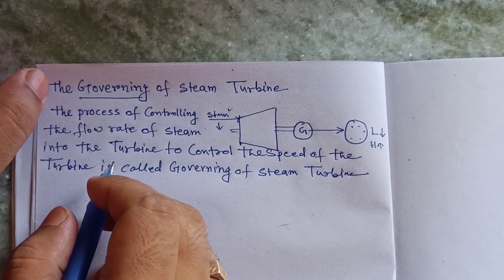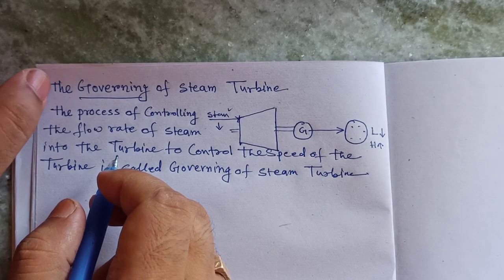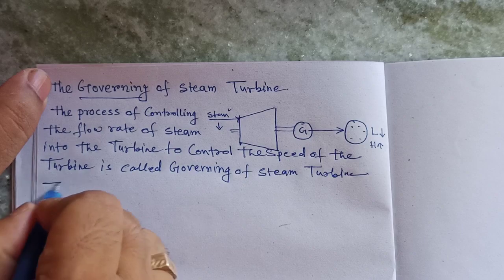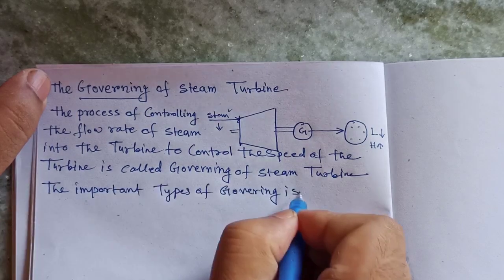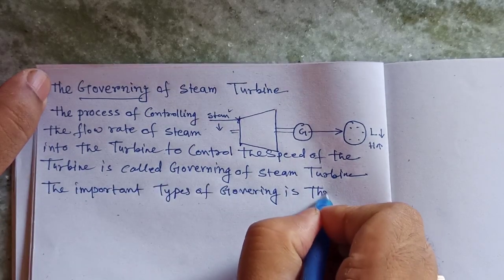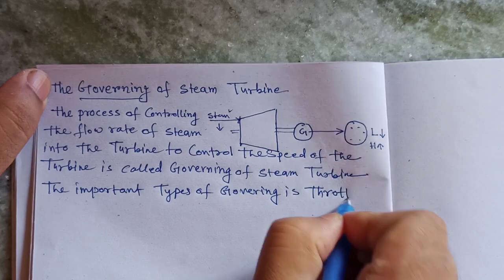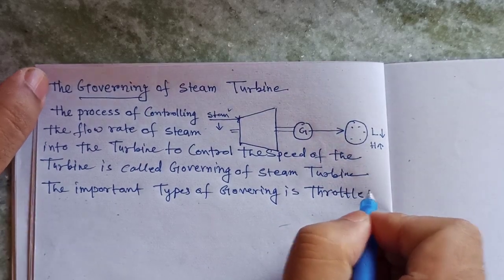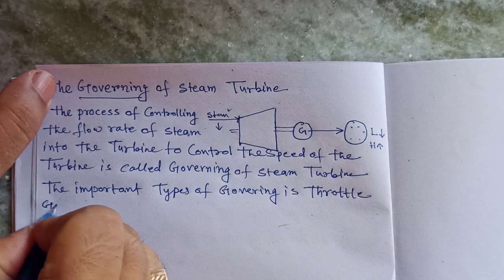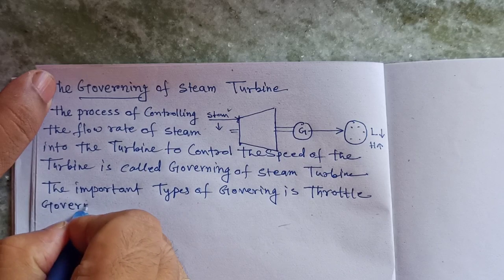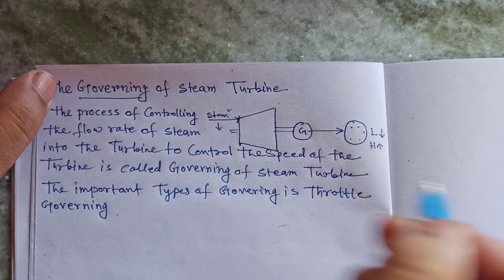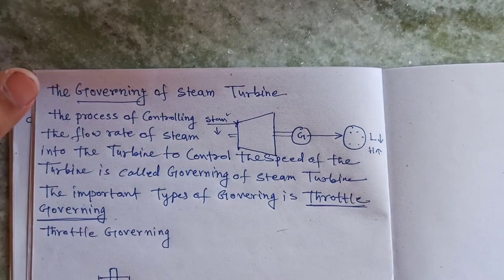The important type of governing of steam turbine is throttle governing.